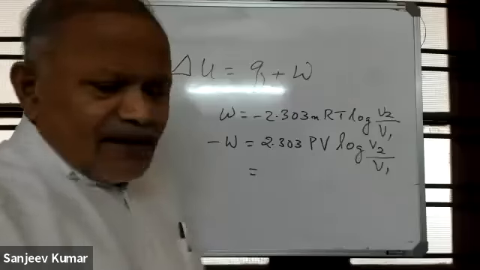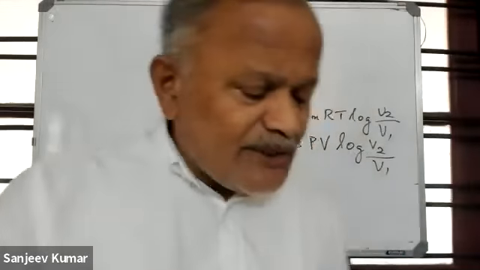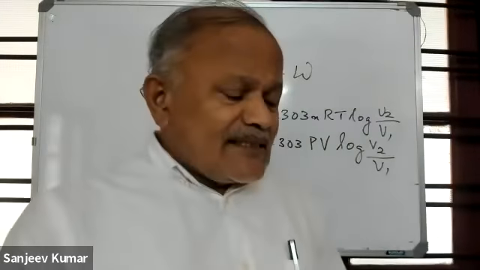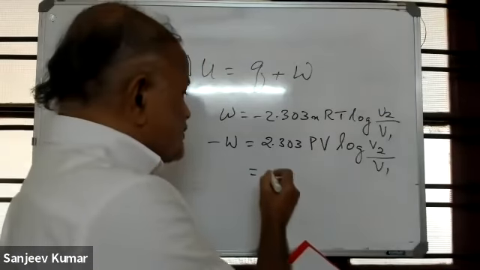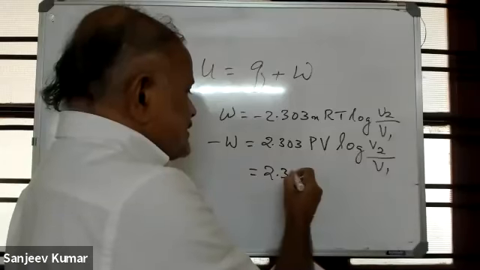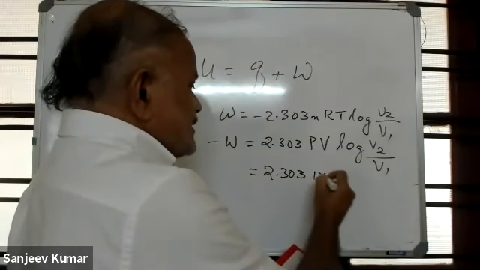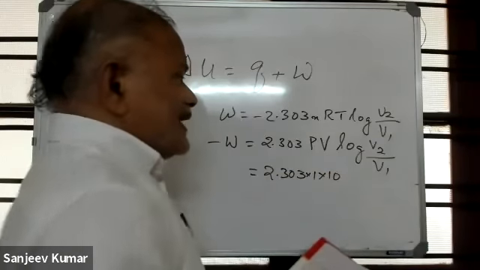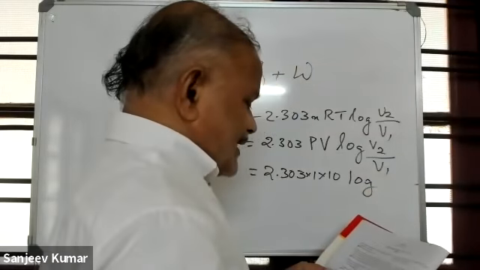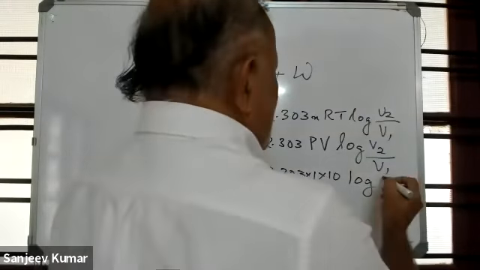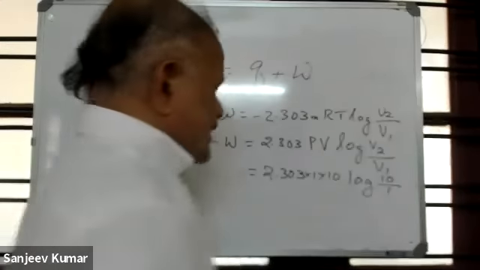And here, P is 10 atmosphere and V is 1 liter. And therefore, PV is equal to 1 into 10, that is 10, and log V2 by V1. V2 is equal to 10 liter and V1 is equal to 1 liter, log 10 by 1.